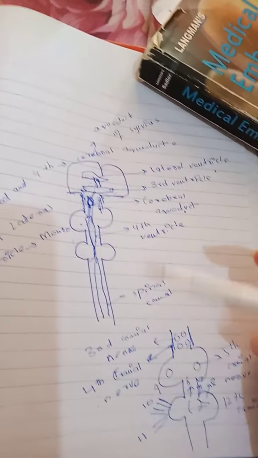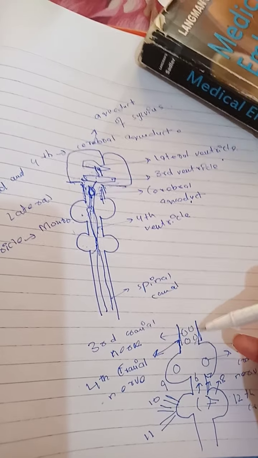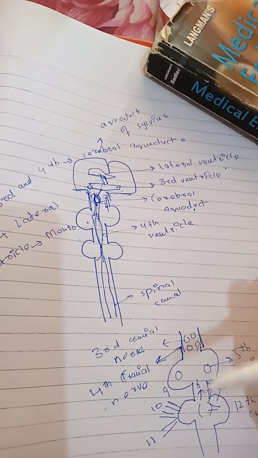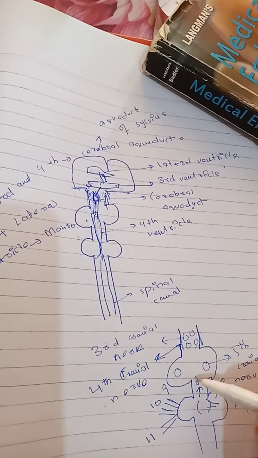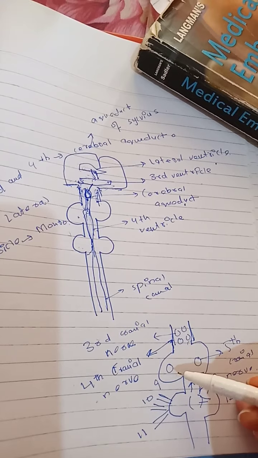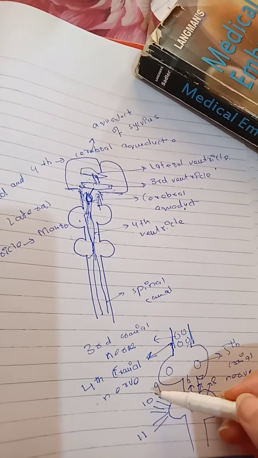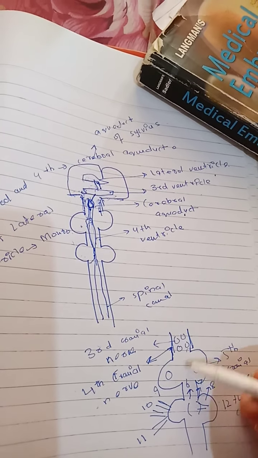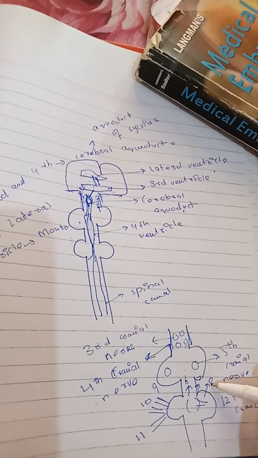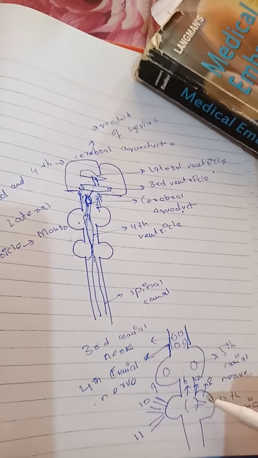So the cranial nerves associated with the midbrain are the third and the fourth cranial nerves. With the pons is the fifth cranial nerve. At the junction of the pons and medulla oblongata are 6, 7, 8, medial to lateral.